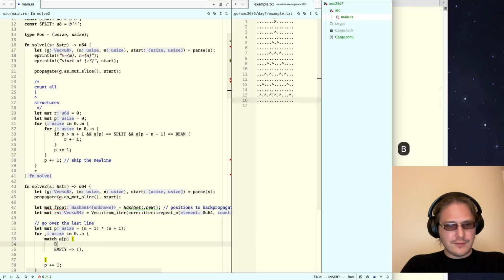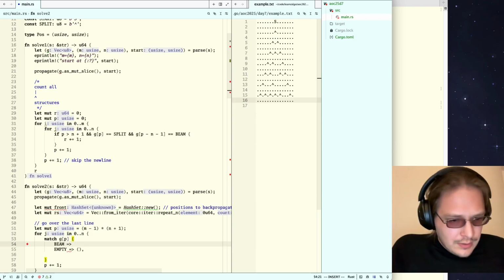What else can be there? If it's a beam, then set the number of realities m minus 1 j to 1.